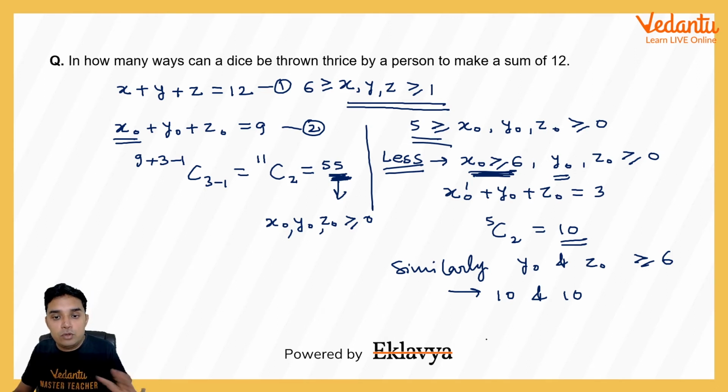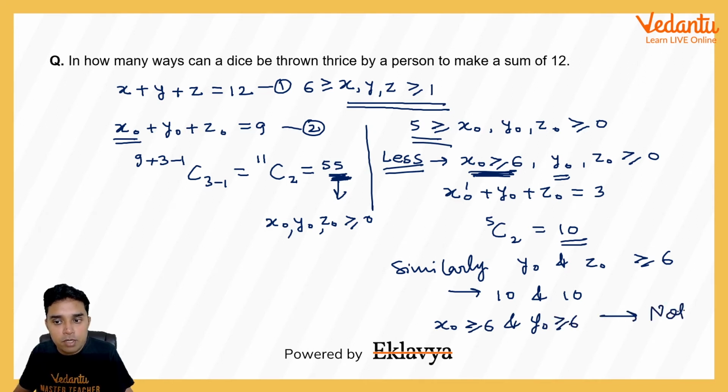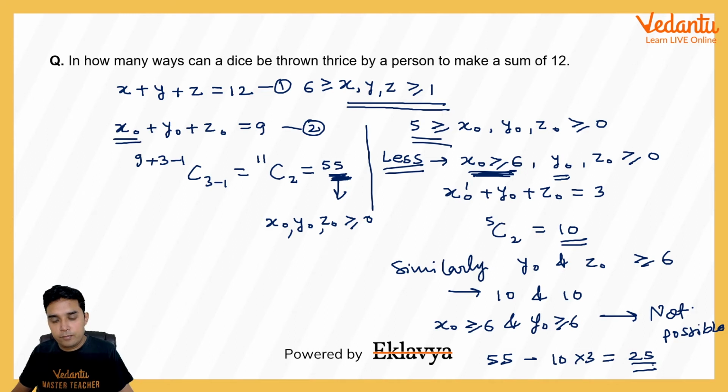We don't have to check for both x0 greater than or equal to 6 and y0 greater than or equal to 6. It is not possible, so we don't have to take care of this. So the answer here would be 55 minus this 10 three times, so the answer should be equal to 25.